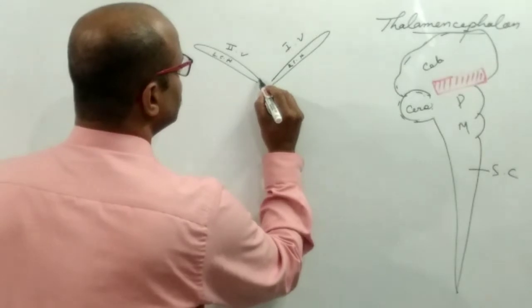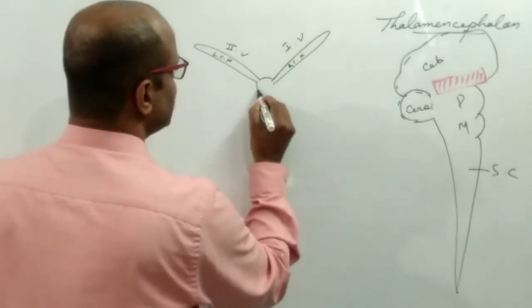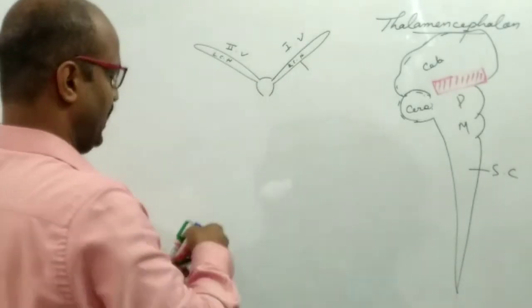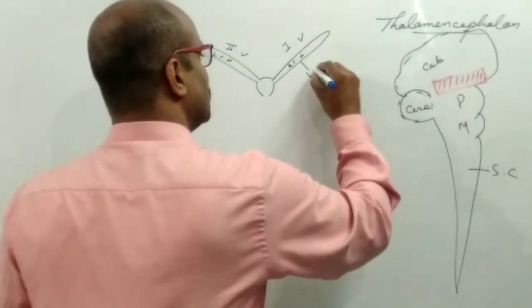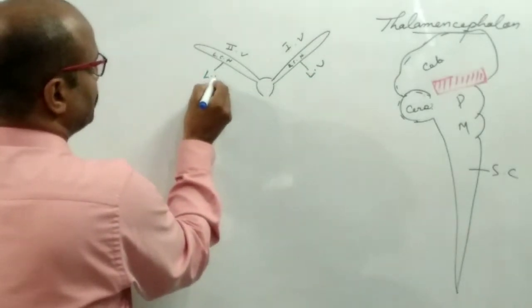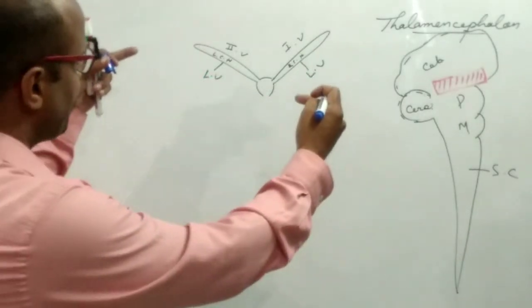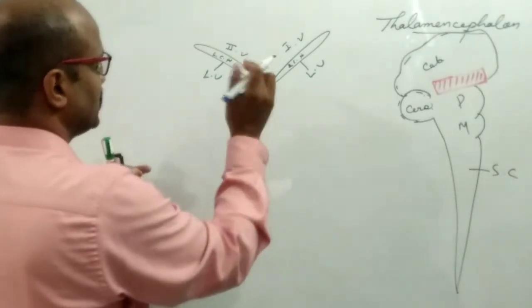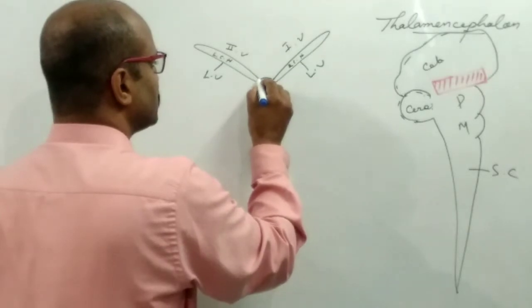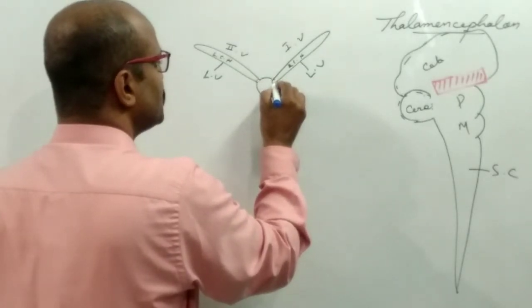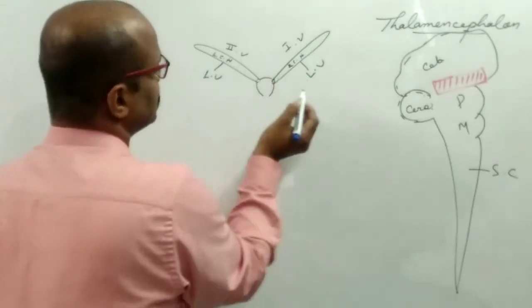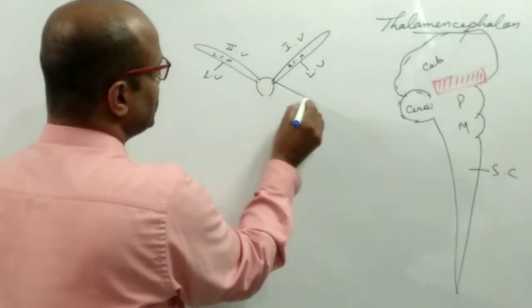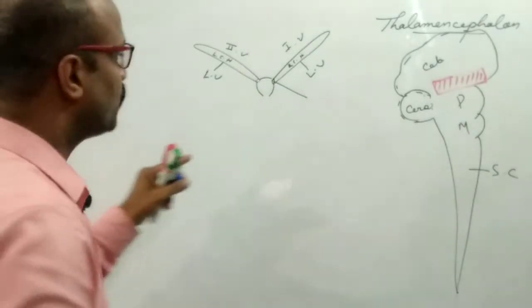The first and second ventricles are collectively known as the lateral ventricles. These two lateral ventricles open in a common opening, which is known as the interventricular foramen.